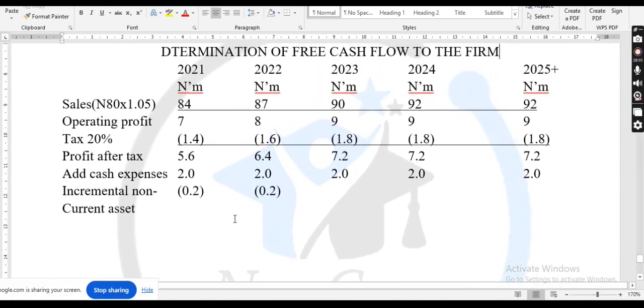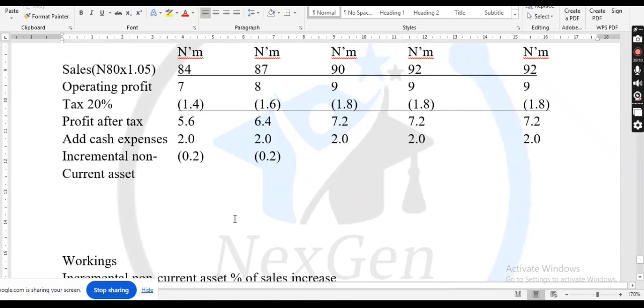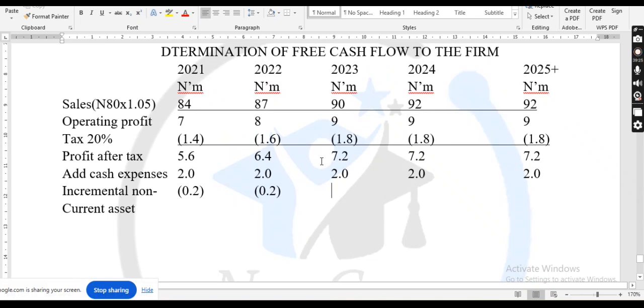You do the same thing for year 2. What is the increase? 87 minus 84, times the 6%, gives us the incremental. Class, am I communicating? Are we still together? Yes, sir.